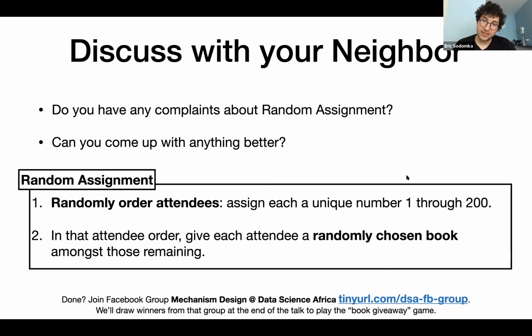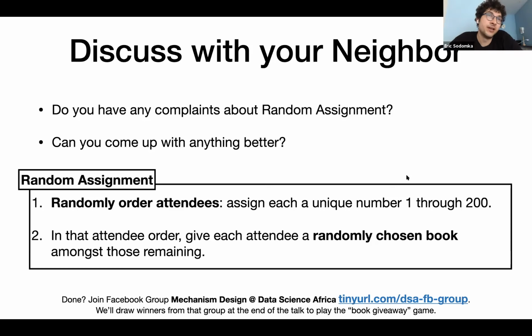And I think what maybe he or she is getting at is that we could ask people what category of books they're interested in. We could just ask them explicitly, what book do you want? And have them list their preferences over books, maybe not even categories.